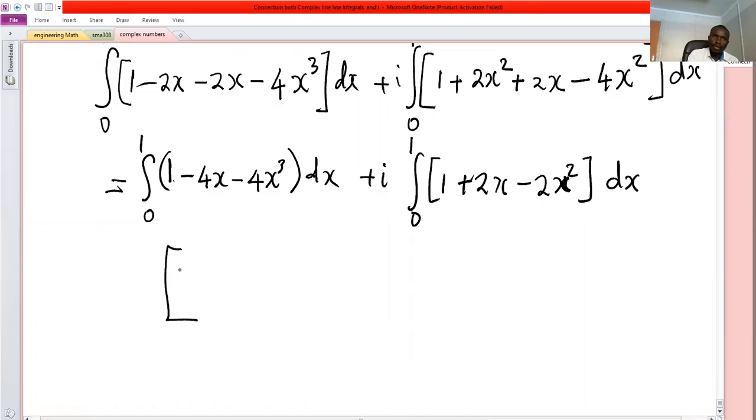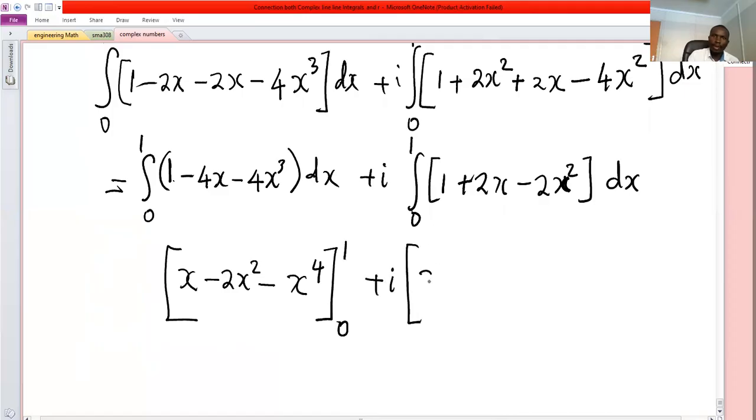So integration of this is x. This one will be minus 2x squared. This will give us minus x power 4, from 0 to 1, plus i. This will be x plus x squared minus, this will give us 2 over 3 x power 3, from 0 to 1.